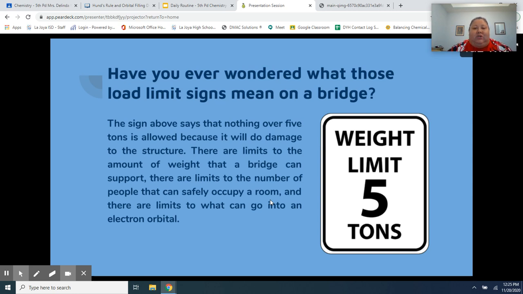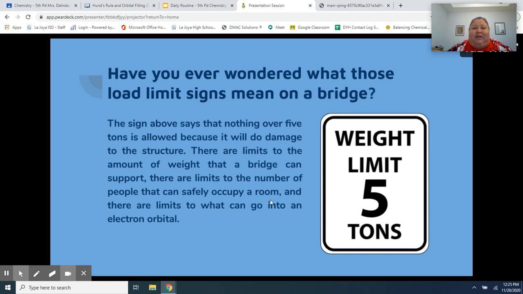That bridge can only handle a certain amount of weight. I don't think I've actually seen a weight limit on it, but I'm sure there is a limit. There is a limit for just about everything.